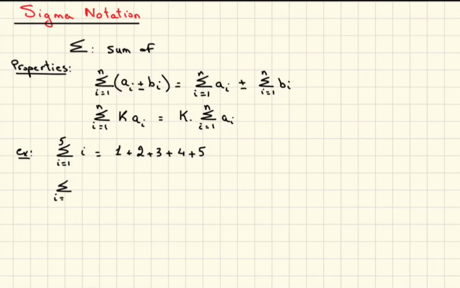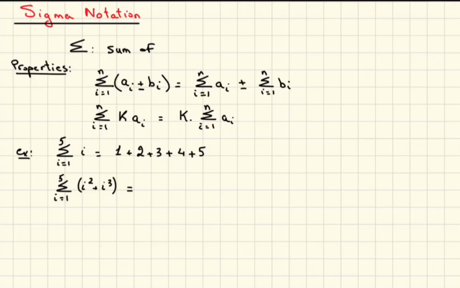Now, sigma of i starting 1 till 5 of, let's say we have i squared plus i cubed. Now for this one we can proceed in two ways.